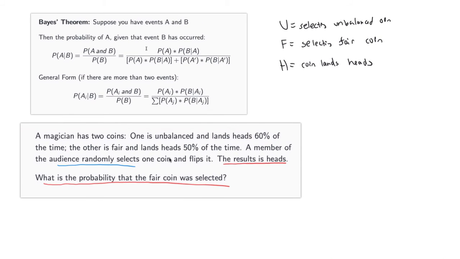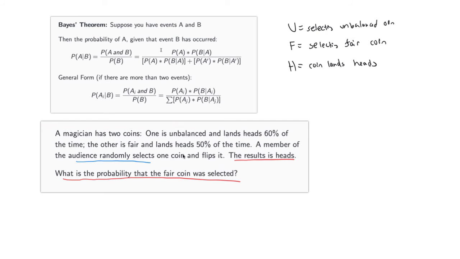Now, we should be clear on the probability of all of these events, right? So the probability of the audience member randomly picking the unbalanced coin, well, that's 50%. We're going to assume that the magician just kind of held out two coins and the audience member looked at them and just randomly picked one, right? The probability of picking the fair coin would be the same. Okay.